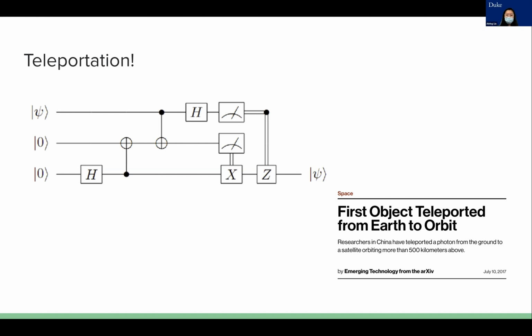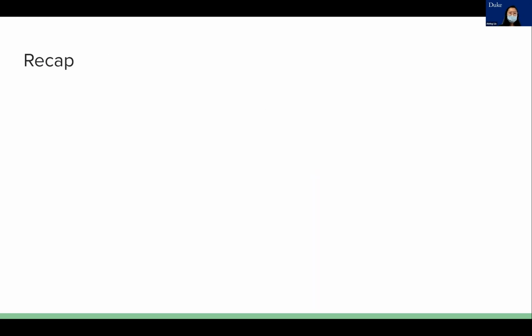So it's the first object teleported from Earth to orbit using only this simple circuit. I mean, this is definitely a higher-level abstract idea of how the circuit actually performs. There are also tons of nasty details about the actual implementation, like how to preserve your fidelity and how to make these gates perform well without errors.